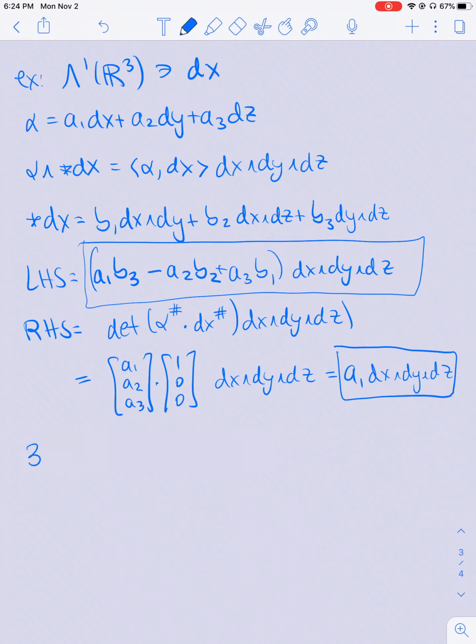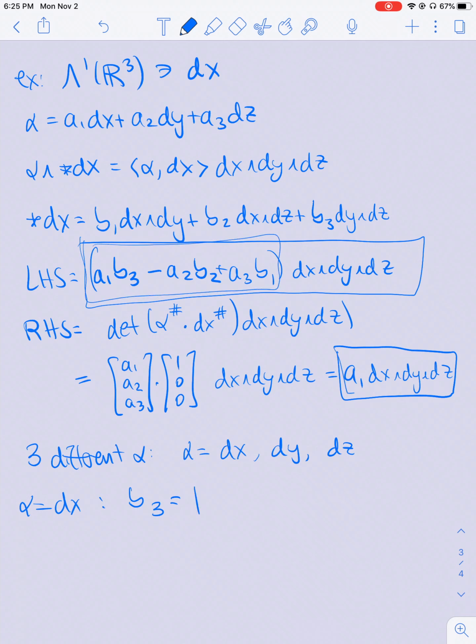We'll try three different alpha: alpha equals dx, dy, and then dz. So for alpha equaling dx, this means that a1 is equal to 1, a2 and a3 are 0. So what I end up getting is b3 is equal to 1. Because I'm just really interested in these coefficients, right? Because this elementary three-form part is just the same.